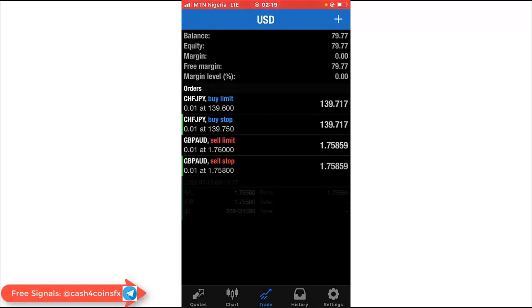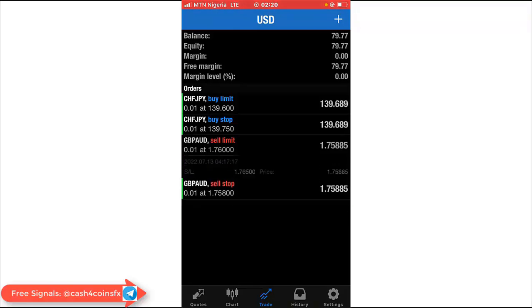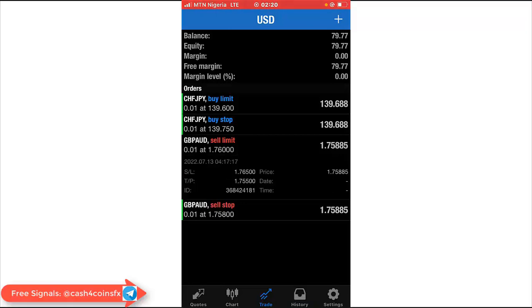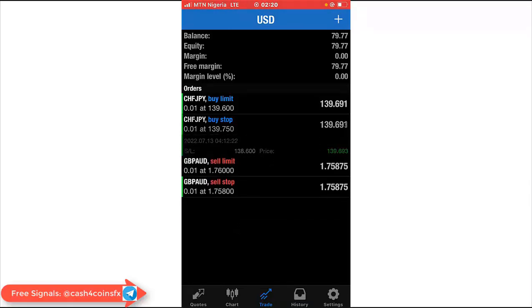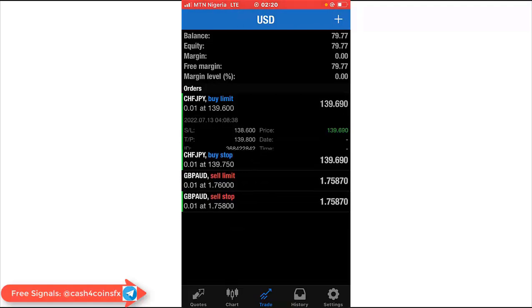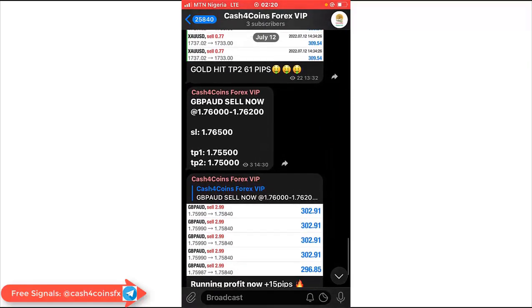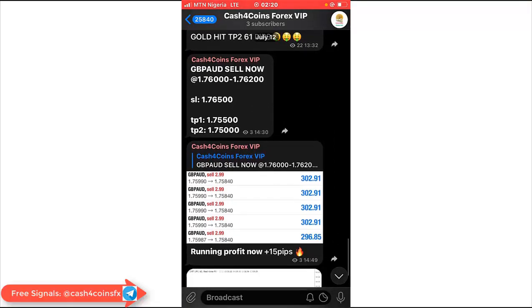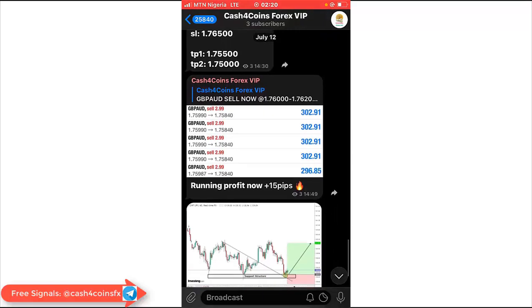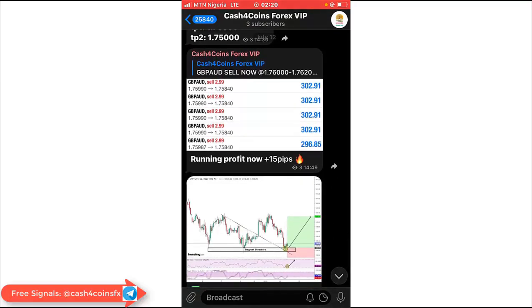Also, if you notice, we take the stop loss and TP inside all of them. This one also has a stop loss and TP. This one has stop loss and TP. So it is very simple to follow signals. All you need to do is join this free Forex signal and follow the signals very quickly.